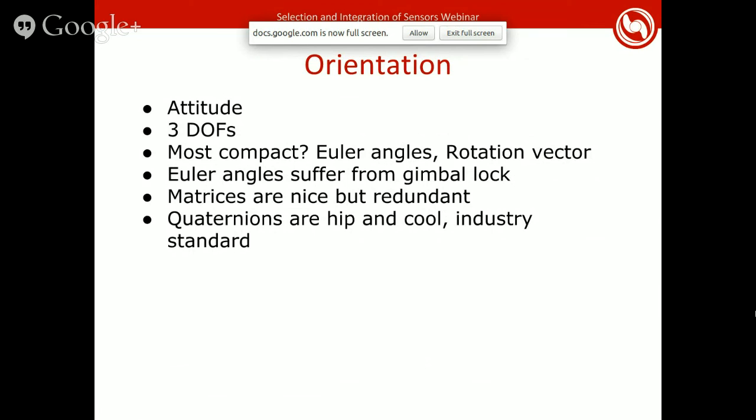The problem with Euler angles is they suffer from gimbal lock.